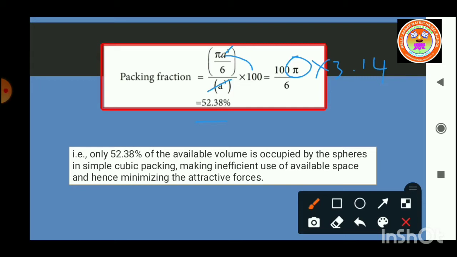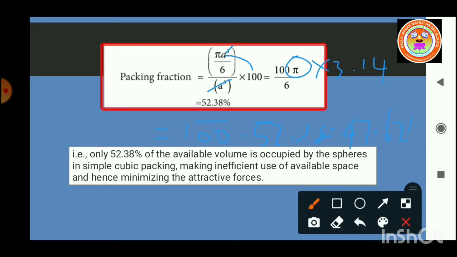Available space occupied by the sphere in a simple cubic is 52.38%. So what is the vacant space in a simple cubic unit cell? How to calculate the vacant space? That is 100 minus 52.38, which is nearer to 47.62%.